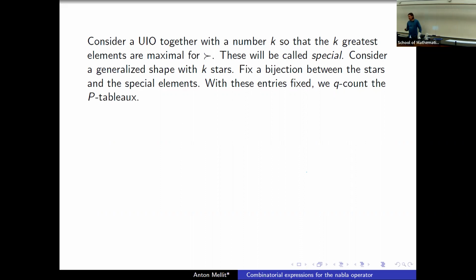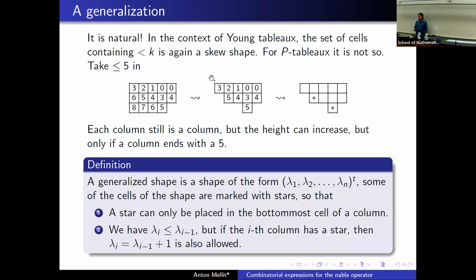So you fix what you put in the stars, and then you count the filling of the remaining cells. For instance, here we would say that this star must have 5. So the special element is 5, and this star must contain 5, and this star must contain 5, and the rest are arbitrary.